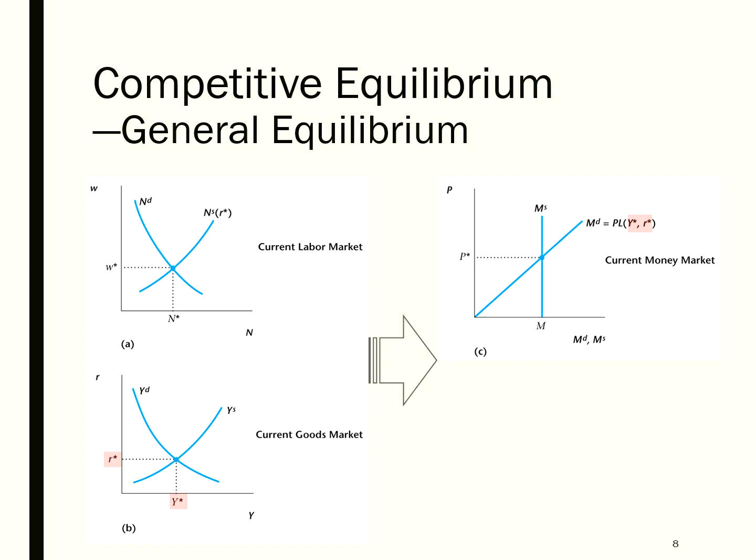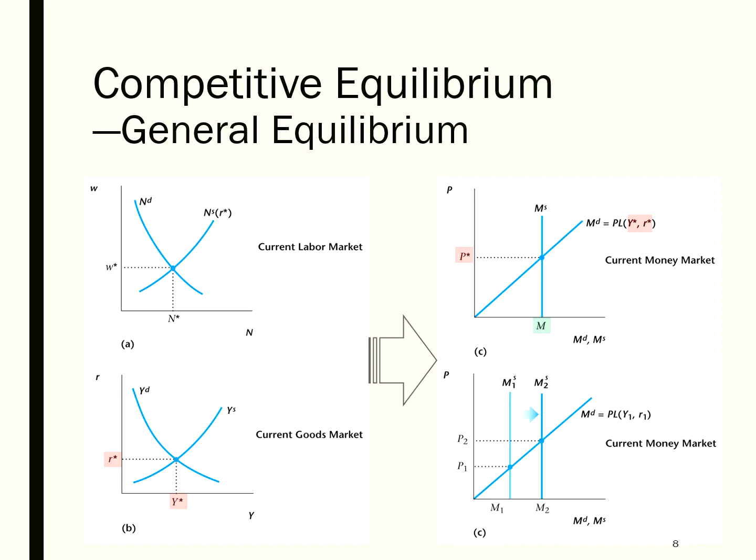Let's combine the three. And we can see that if there is a change in the money market, let's say there is a change in money supply. The government decided to increase its money supply from M1 to M2. Will there be any effects? Well, there is. For example, P1 has to increase to P2, so the nominal price of goods will increase. There will be inflation.